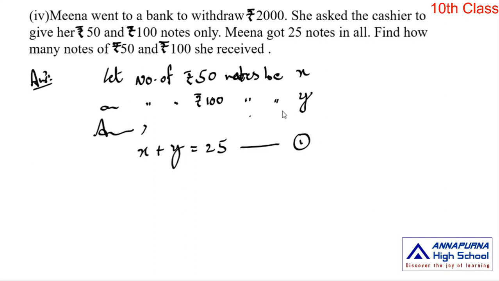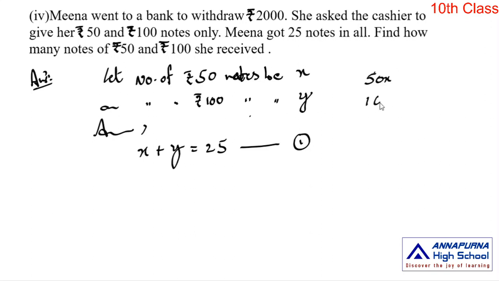Then where is the second equation? Here the second equation we frame from the total money. Here total money is 2000 rupees. In case she got x 50 rupees notes, what is the total amount only for 50 rupees notes? It is equal to 50x rupees. And if she got y 100 rupees notes, what is the total amount for these 100 rupees notes?